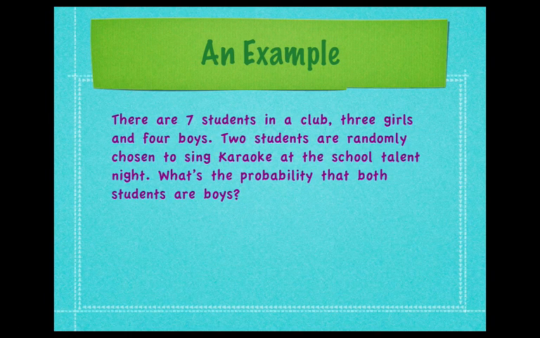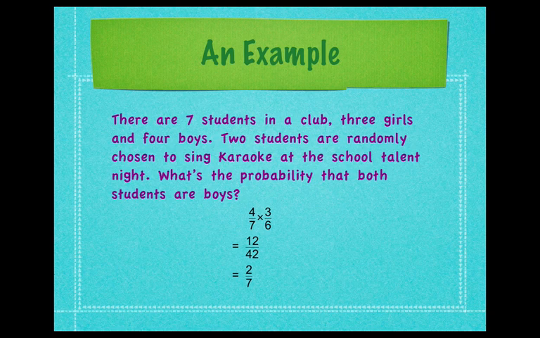Here's another example of probability. There are 7 students in a club, 3 girls and 4 boys. 2 students are randomly chosen to sing karaoke at the school talent night. What's the probability that both students are boys? So the probability of choosing the first boy is 4 out of 7. There are 4 boys and 7 students.